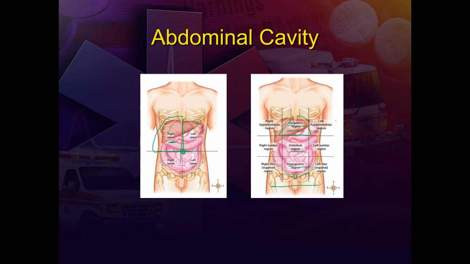Now, on both left and right sides, they have the same terms associated with each level. So this level here has an interesting name, the hypochondriac region. Now, hypochondriac does not refer to the whole reason that WebMD is so popular, people's anxiety about getting diseases and illnesses, and the ability to kind of inflame that anxiety.